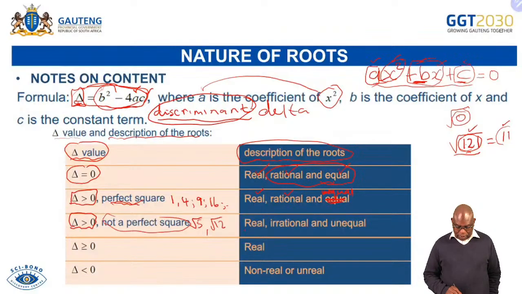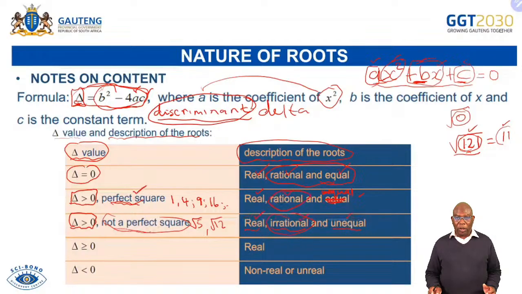They're still going to be real, they're going to be irrational, and they're going to be unequal. You see, the difference between the two is that rational roots come from perfect squares, and irrational roots come from a delta that is not a perfect square. Both will be unequal. Unequal means one might be 2, the other might be 3.